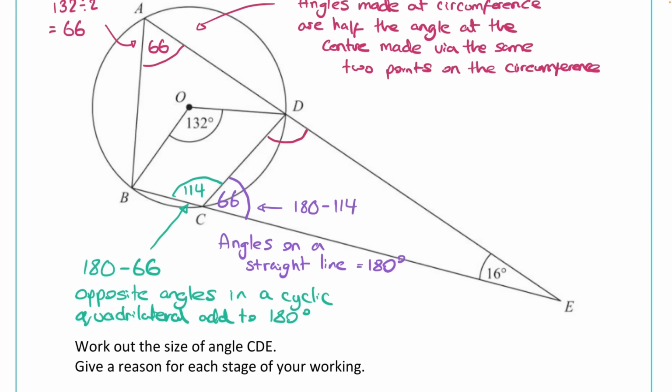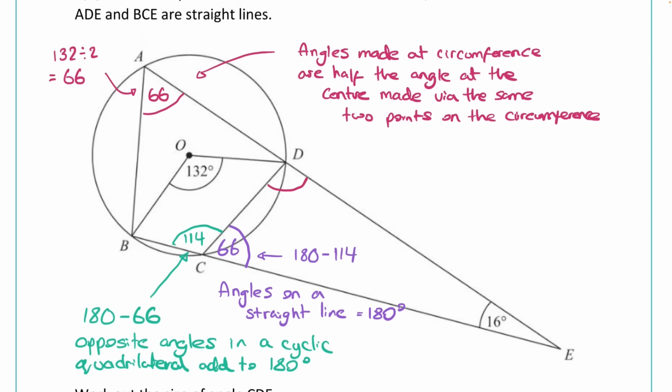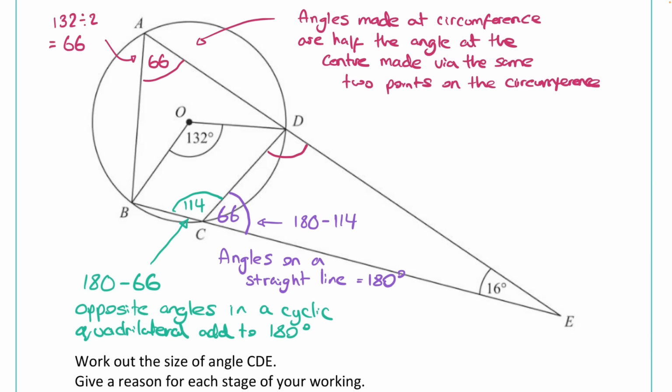And now we can actually finish this question because outside of the circle, we have this large triangle, which goes all the way down to the 16 over here. And we have two angles within that triangle. So for this final angle here, angles in a triangle add up to 180. Take away the 66, add the 16, which are already in the triangle.